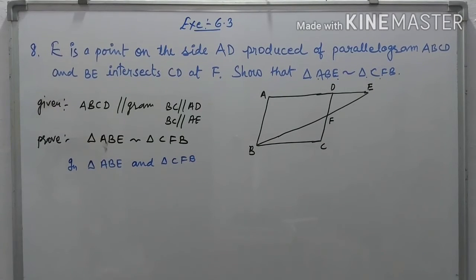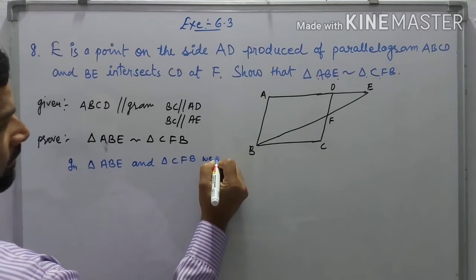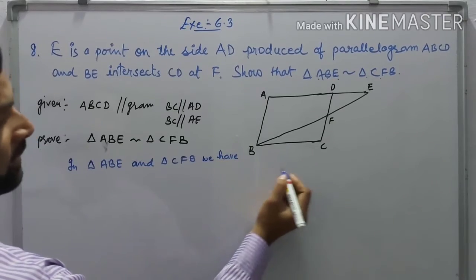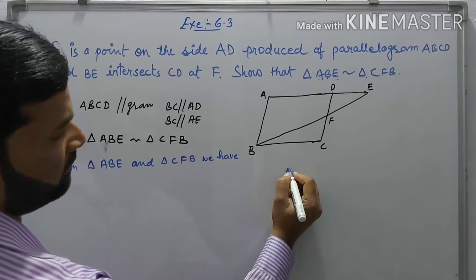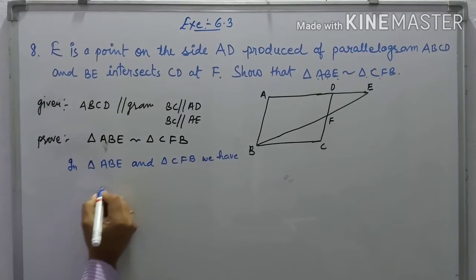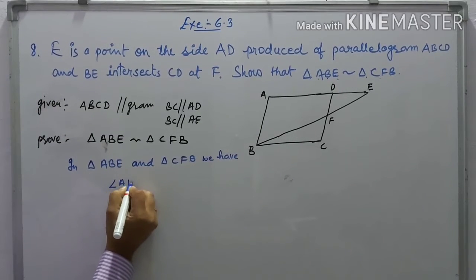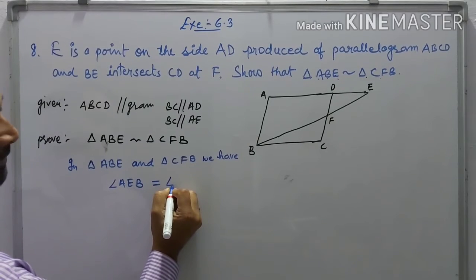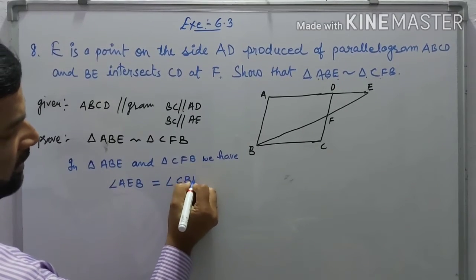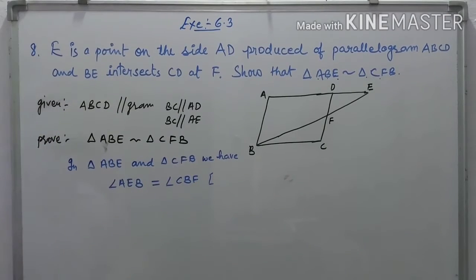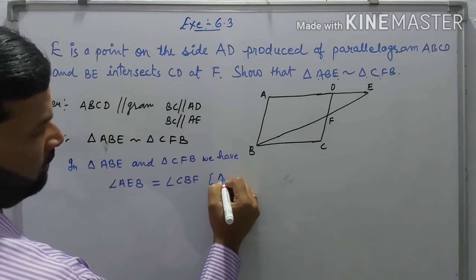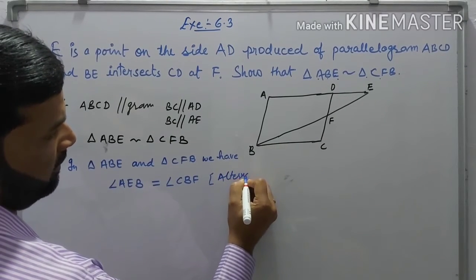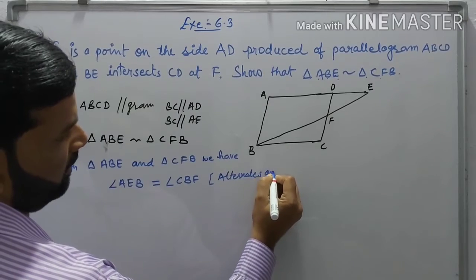Both triangles will be proved similar. First, angle AEB is equal to angle CBF. These are alternate angles.